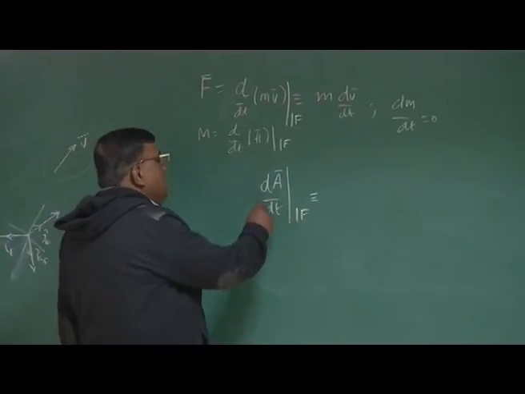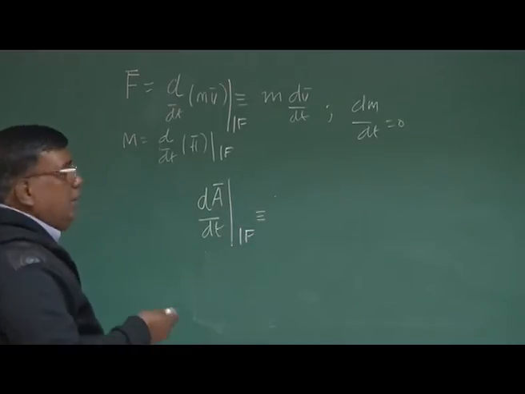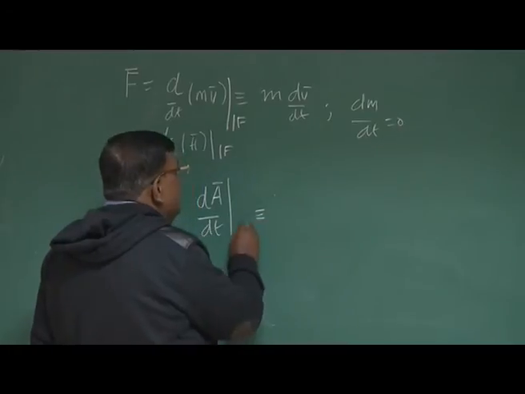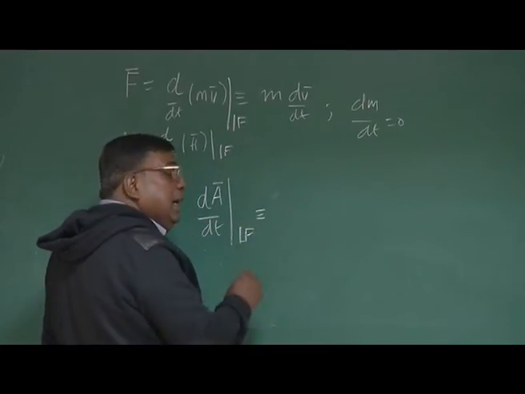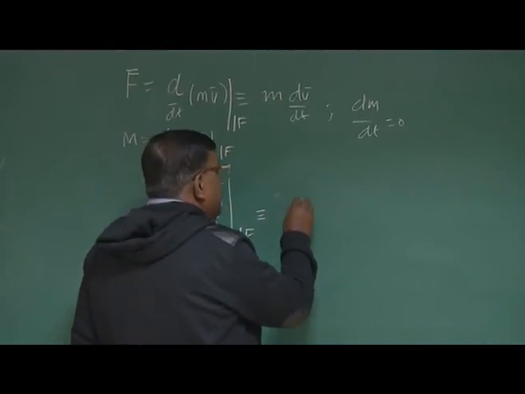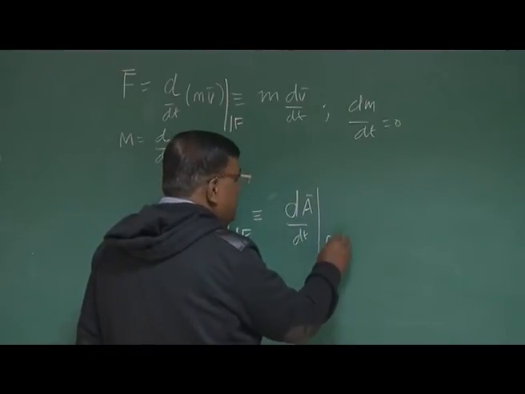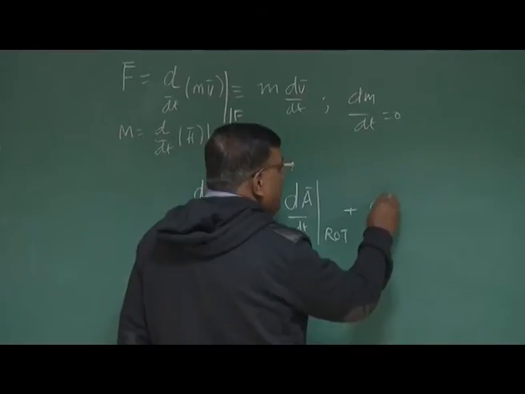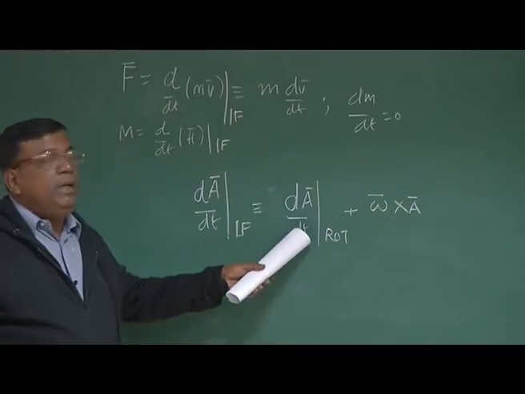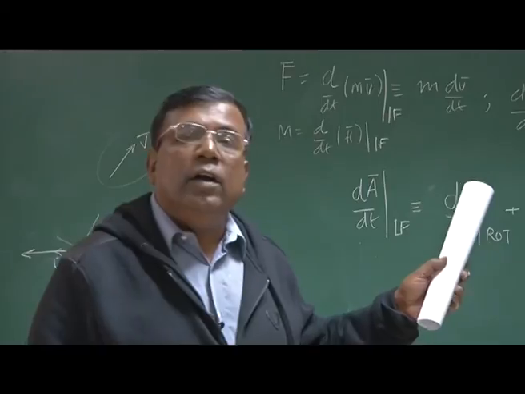So what do we want? dA by dt, but I want to work in rotating frame, and I will just show that it is a very well standard result: dA by dt in inertial frame can equivalently be handled by differentiating in a rotating frame if you put an appropriate correction, and that is dA by dt in rotating frame plus omega cross A. That is, you find dA by dt assuming there is no change in ijk direction, only the scalar part.